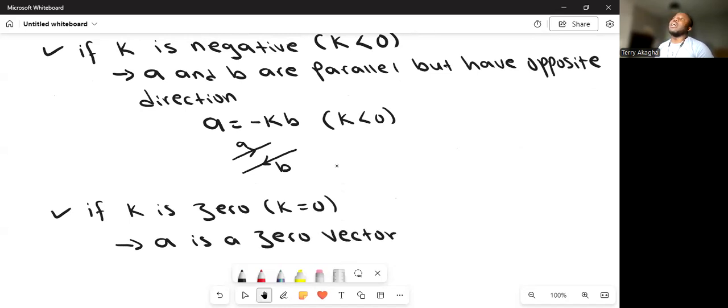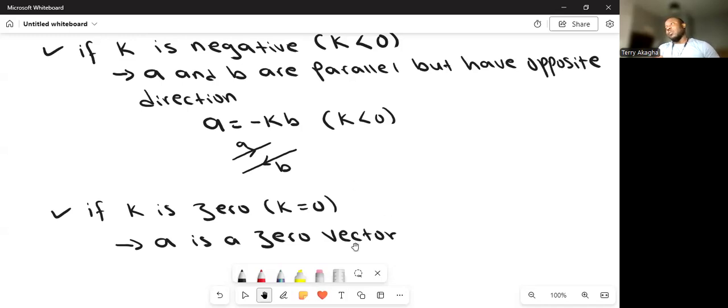So what we are finding, if two vectors are parallel, is that we need to find k, and k has to be equal for both of them. Good, and that is how you know that two vectors are parallel.